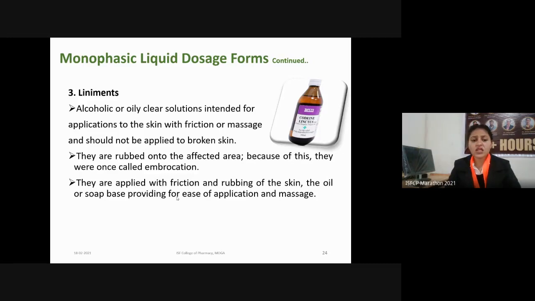The oil or soap base provides ease of application and massage. If we are using liniment for the purpose of rubbing or massage, we should go for the soap base or oil base type, because soap base and oil base provide an ease of application and massage on the skin.